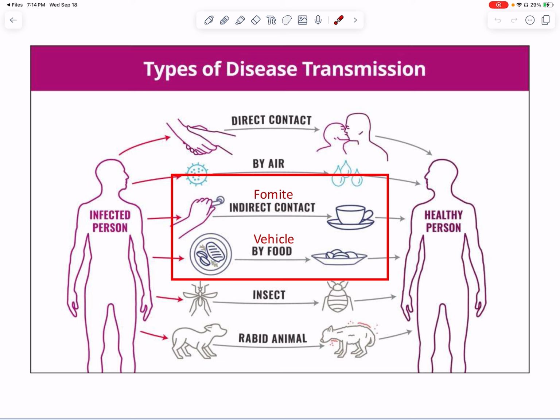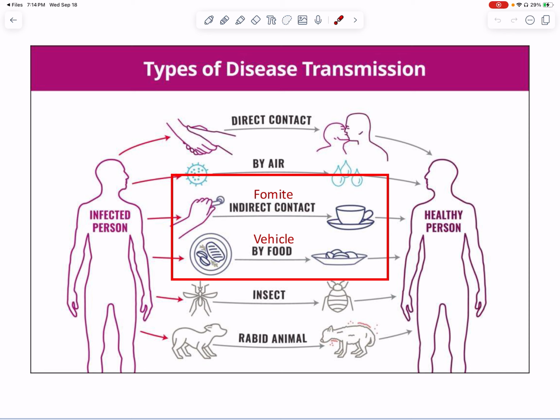We all know that during our COVID era, we all wore masks because COVID was spread by the air and droplets through sneezing or coughing. And today, we are going to focus on indirect contact through what we refer to as fomites and by food, which we can refer to as a vehicle. And we will talk more about those terms on the next slide.